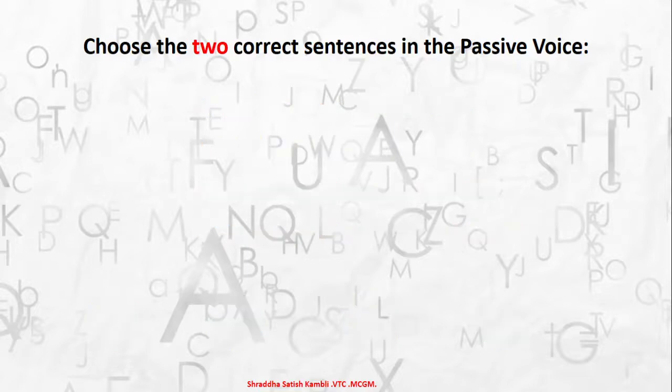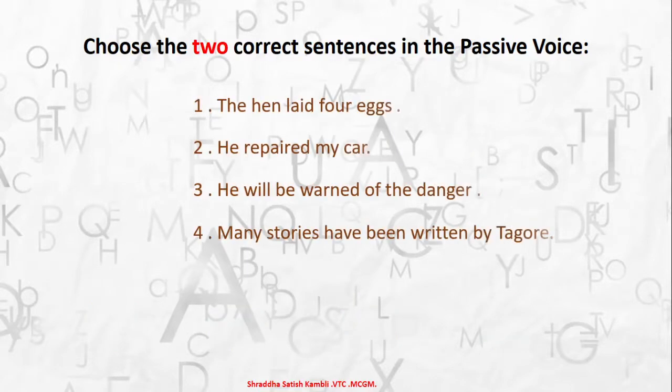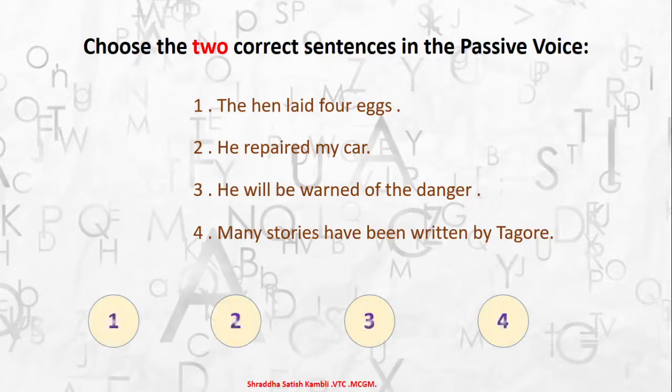Alright children, now we come to the next example in this pattern. The hen laid 4 eggs. He repaired my car. He will be warned of the danger. Many stories have been written by Tagore. So which two sentences are in the passive voice?